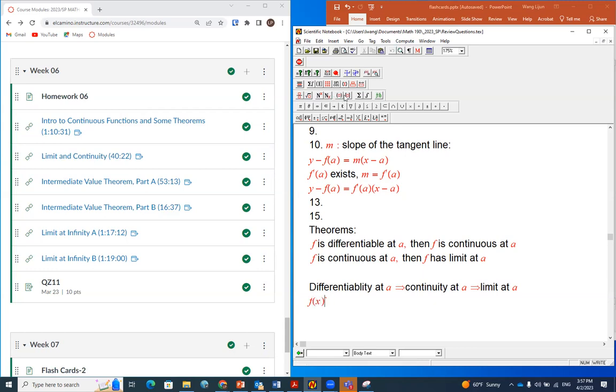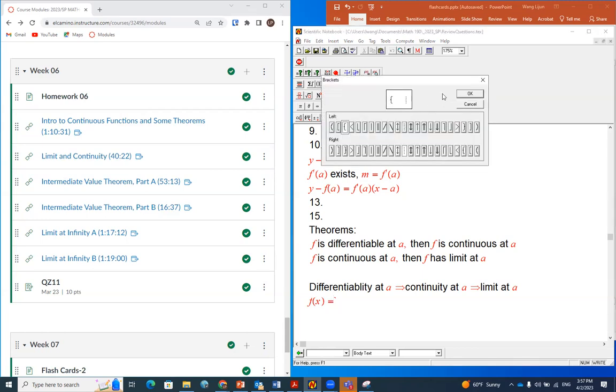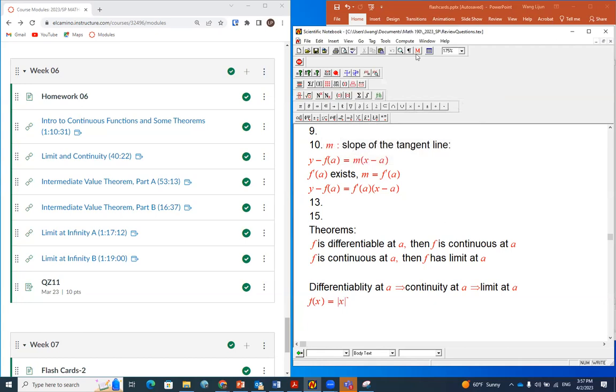This function is continuous at 0 but not differentiable at 0.